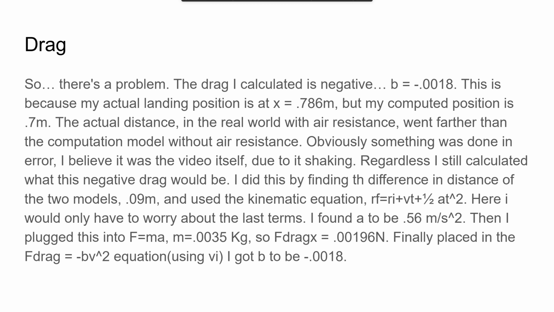We finally placed it into the force of drag equals negative b v squared, using initial velocity, which I thought was the best one to use. I got b to be negative 0.0018.